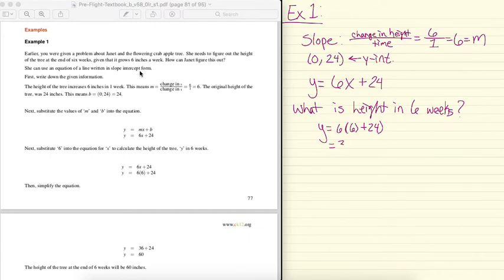Well, 6 times 6 is 36. Adding 24 to that, and we get 60. So we know the tree will be 60 inches tall at the end of 6 weeks.